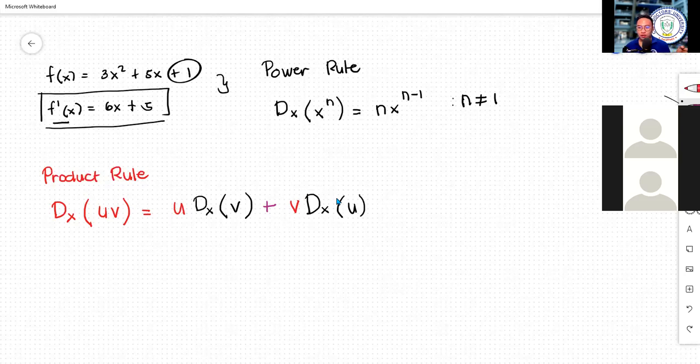So u dxv plus v dxu. Sir, can we interchange it? We want to try putting v first, sir, then dxu, and then u, then dxv. That's totally fine, guys. They are interchangeable. When you do addition, when you add 3 plus 4, the answer is 7. And that's the same thing when you do 4 plus 3. Agree? Yep, agree.